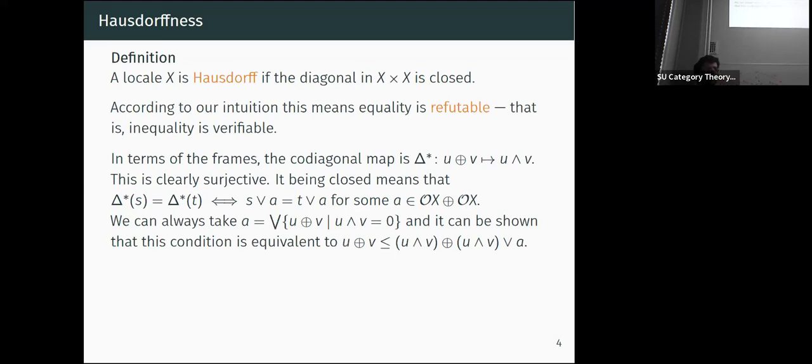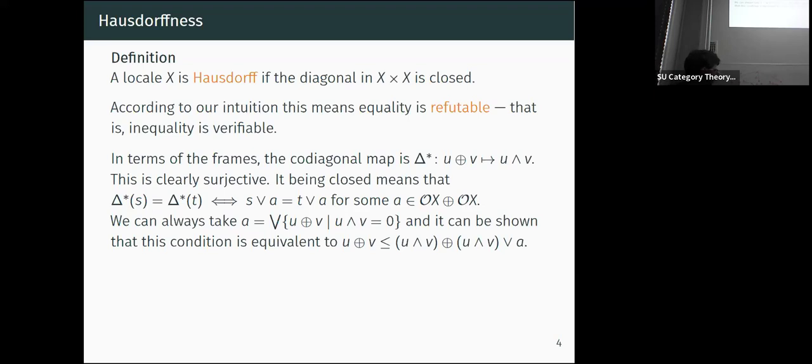And you can always take this A to be something very particular, and that is the join of all the open rectangles where u and v are disjoint, so where they don't meet. And this actually corresponds to the anti-diagonal. So this open that we get by taking all the open rectangles of things that are disjoint gives us all of these things that lie away from the diagonal.